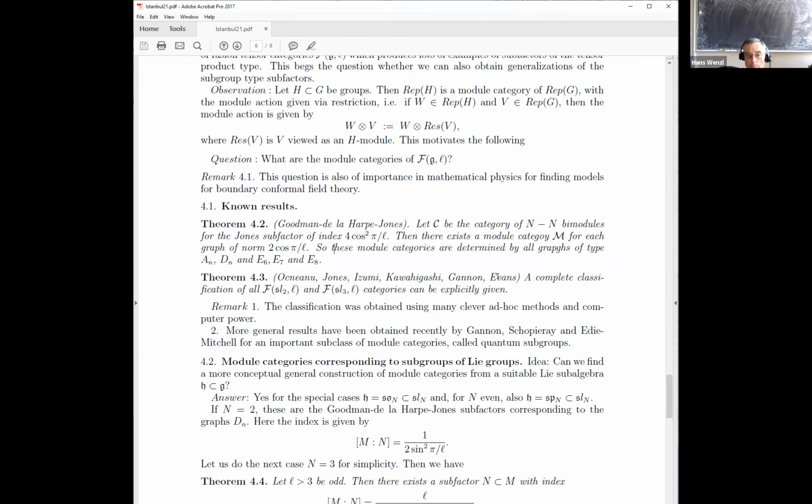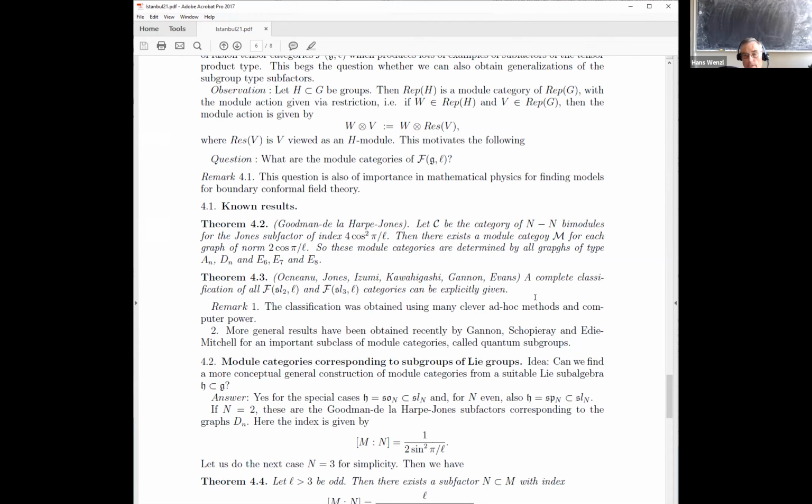Now, a complete classification was achieved for these fusion categories for SL2L and SL3L by work of a lot of people like Ocneanu, Jones, Izumi, Kawahigashi, Gannon, Evans, and probably also a few more people. And this is already quite complicated. For the SL2 case, it's basically an ADE classification.